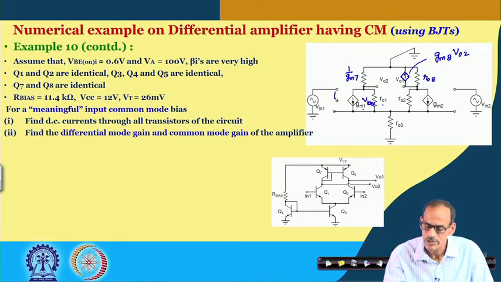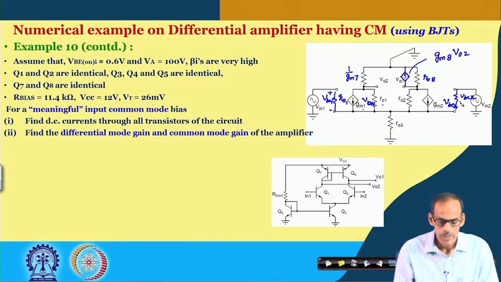So, this is VBE1 across this r pi. Likewise here we have VBE2, and VBE2 multiplied by gm2 gives the current here.